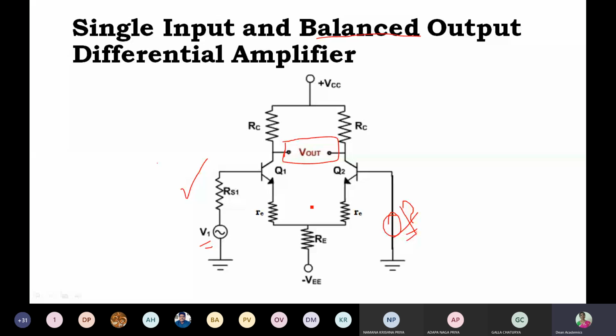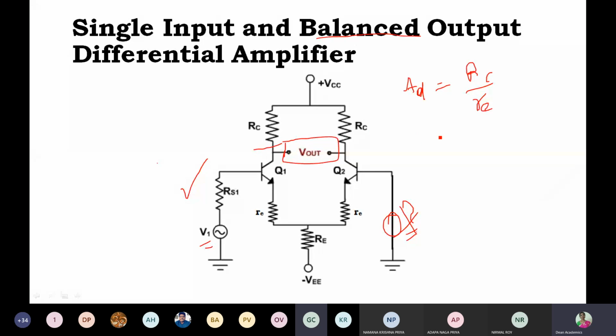What is the differential gain for the dual input balanced output differential amplifier? AD is equal to RC by RE. What is the differential gain for the dual input unbalanced output differential amplifier?